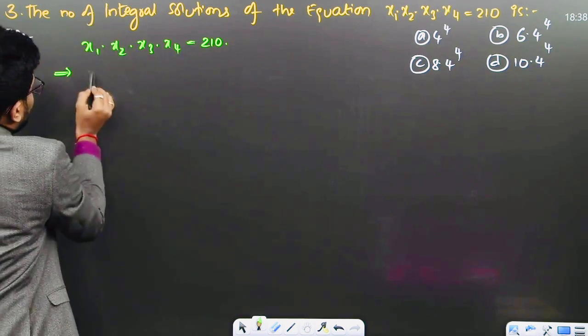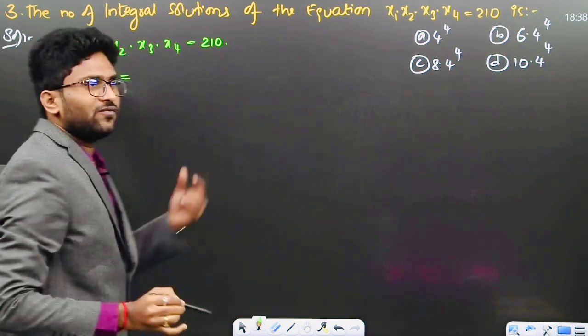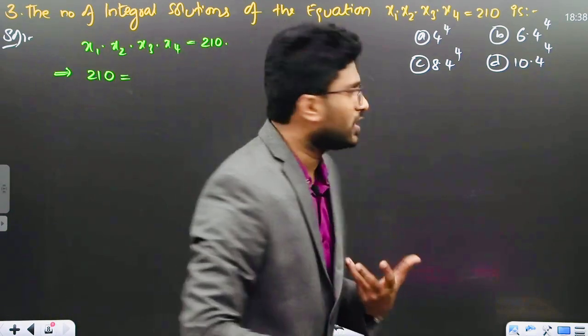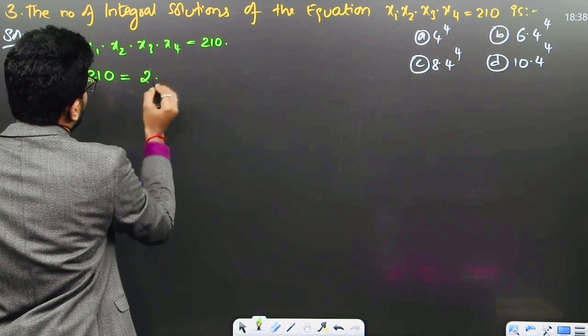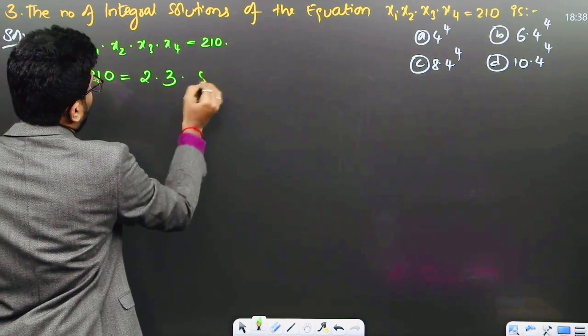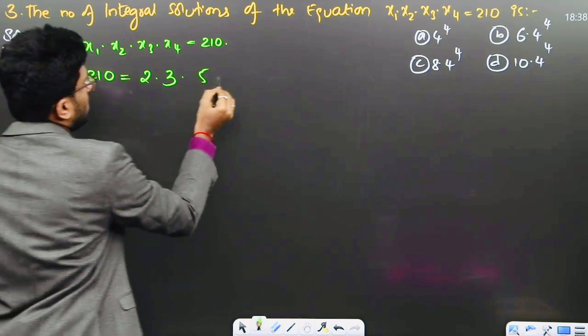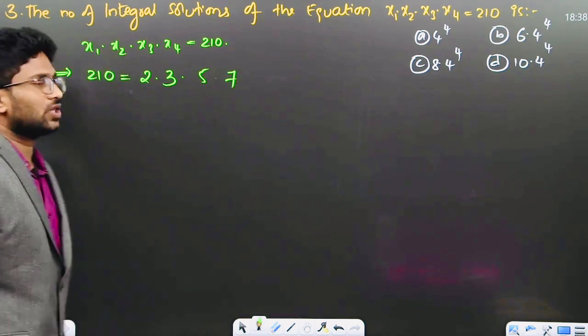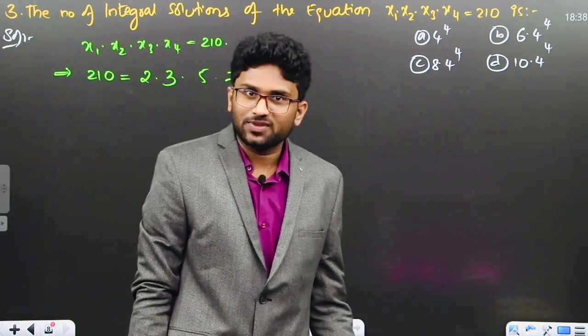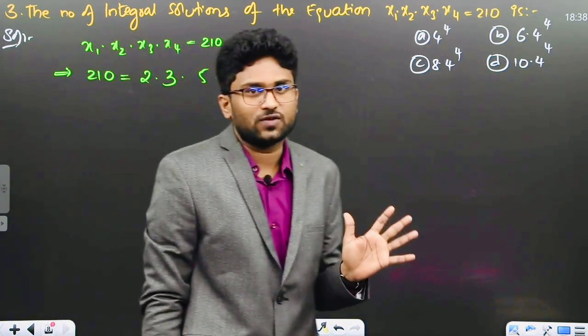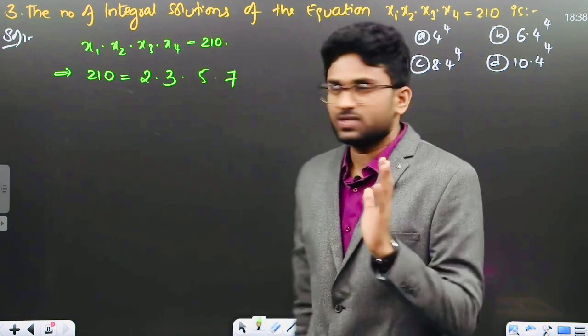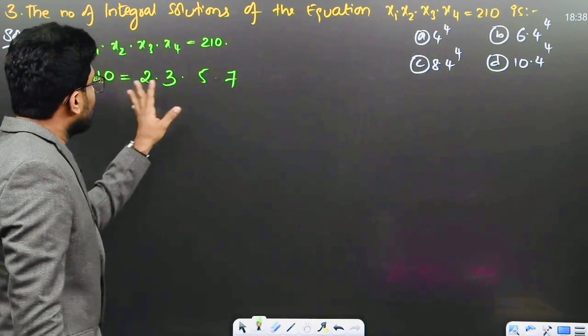Given this equation, the easiest thing we know is that we can prime factorize 210 as 2 into 3 into 5 into 7. Now we have 4 prime factors for 210. The prime factorization of 210 is 2 into 3 into 5 into 7.